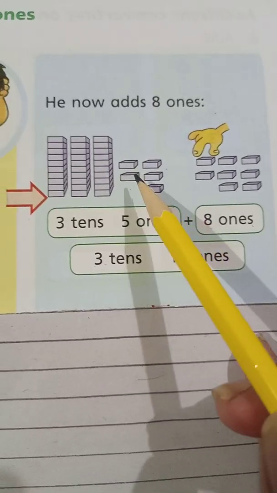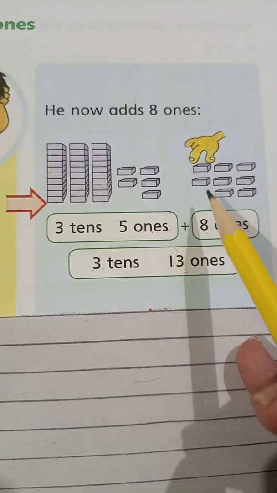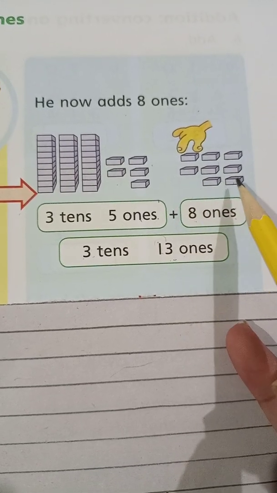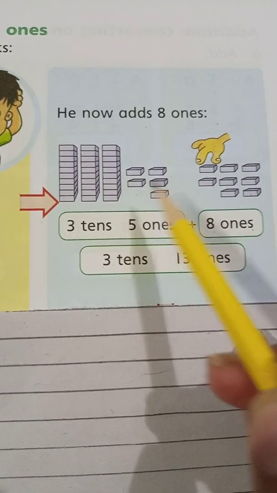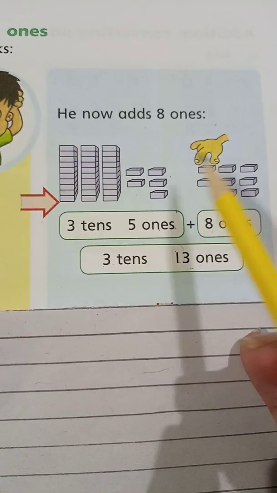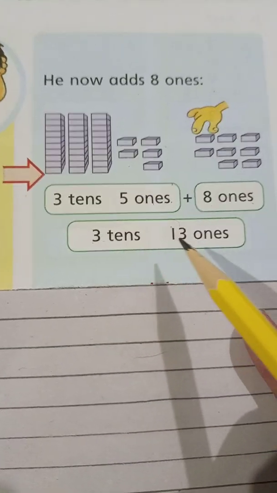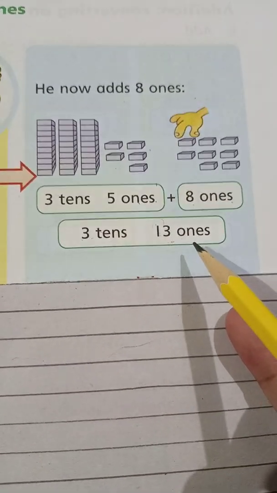How many ones will he get? He will get 1 2 3 4 5 6 7 8 9 10 11 12 and 13. Yes, he will get 13 ones. So he is writing here in the ones form 3 tens and 13 ones.